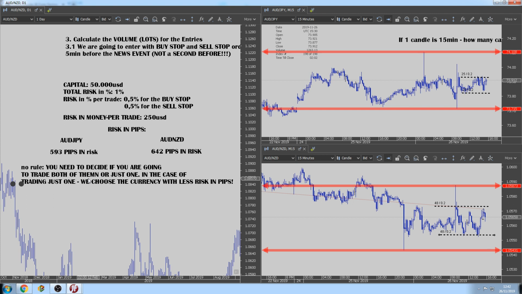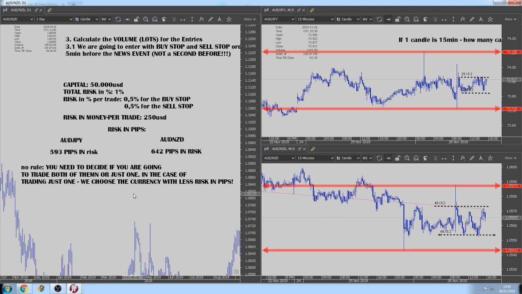You can still risk 1% on the news event, but you are going to have a different calculation. You are going to calculate 0.25% on the buy stop and 0.25% on the sell stop. Okay, so clear, right? Nothing special.